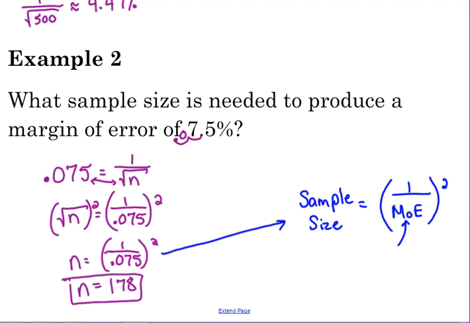And of course, make sure you convert to decimal form, because it will be in a percent, so you need to express that as a decimal when you plug that into that formula. It's just the opposite of the margin of error formula, or the inverse, actually, would be the better term there. It's the inverse of the margin of error formula. It gives you the sample size when you know the margin of error. Okay?